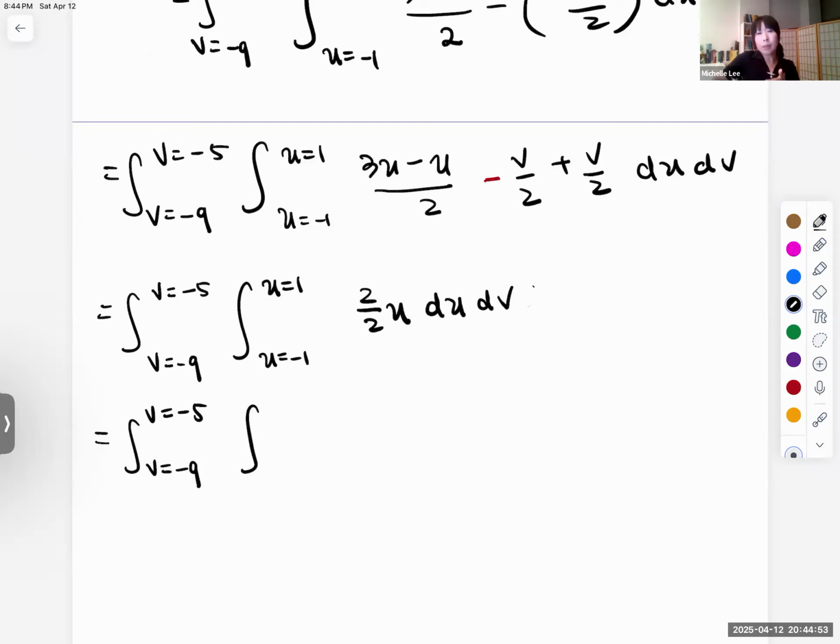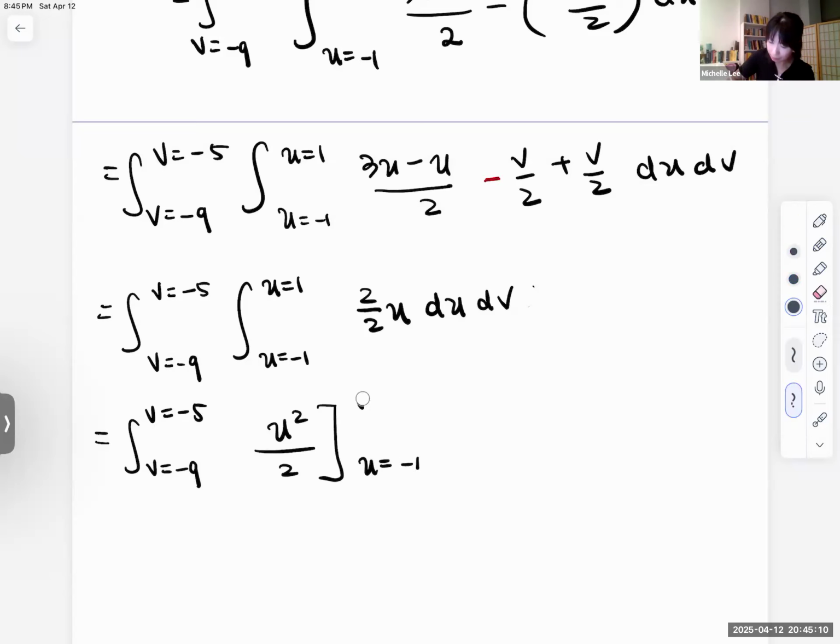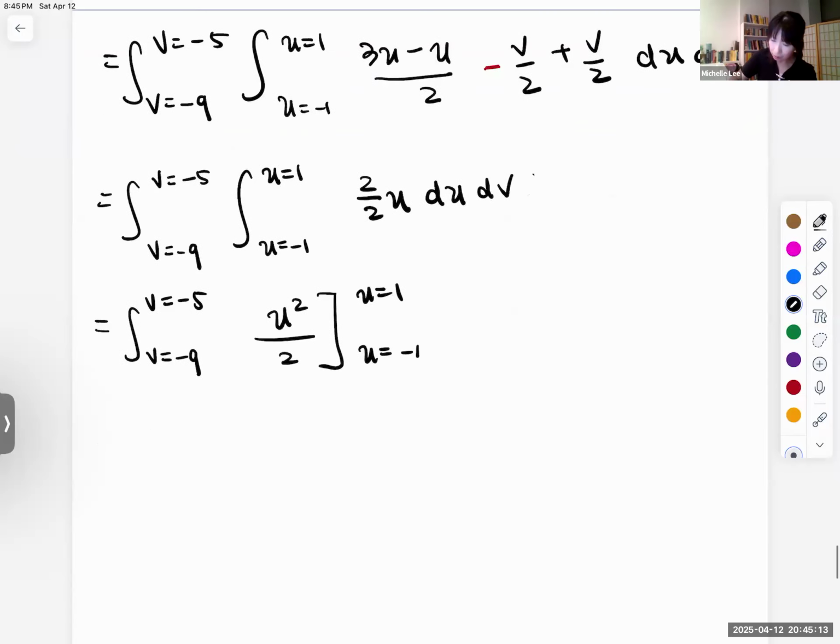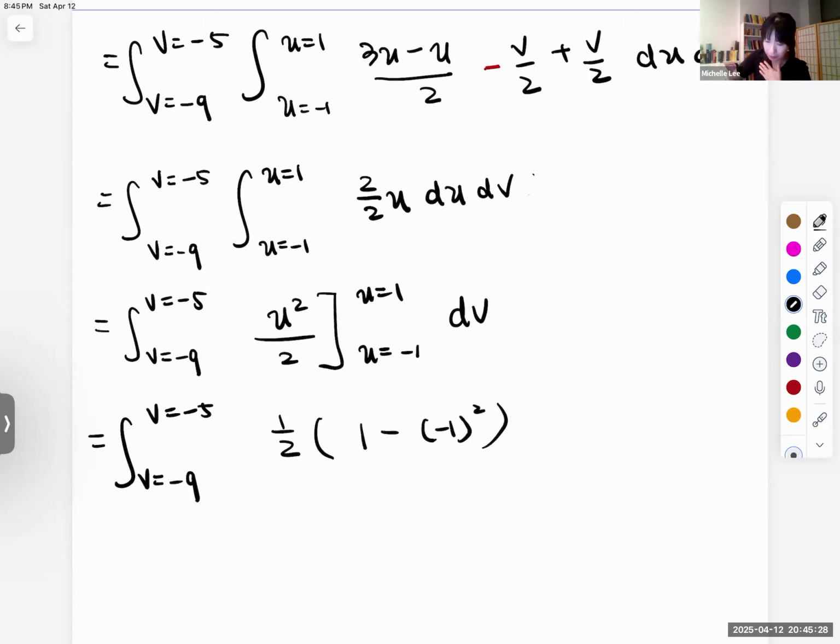Okay, so let's integrate with respect to u. So we have u squared over 2. We want to evaluate it from -1 to +1, right? And then the v. So we have v equal to -9 to -5, 1 over 2, then 1 squared minus -1 squared.